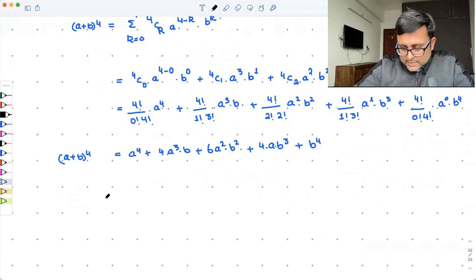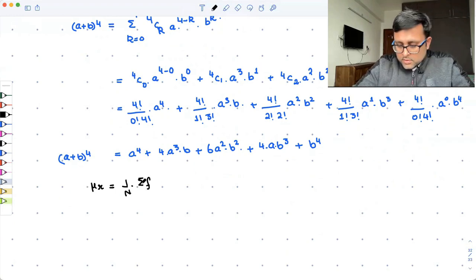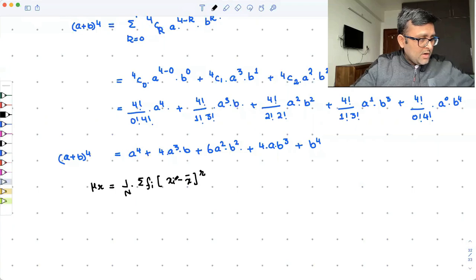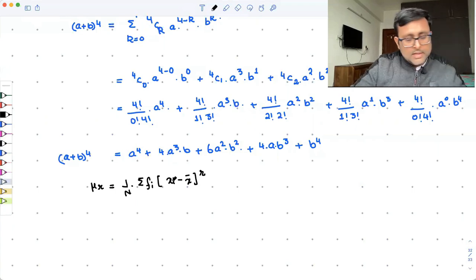Even in our case, if I write the moment about the mean like this, mu r is 1 upon n summation of fi into xi minus x bar to the power r.